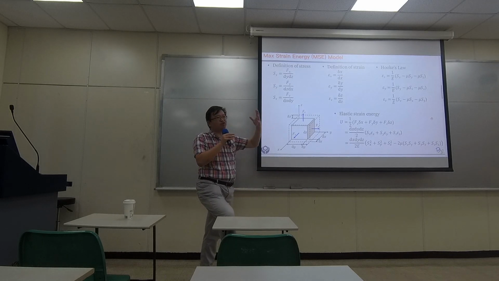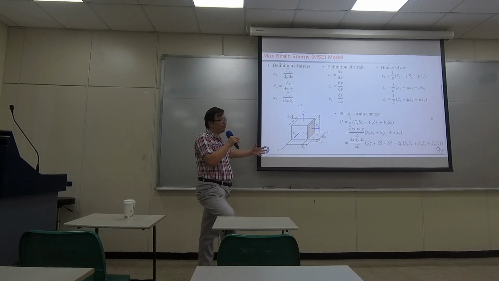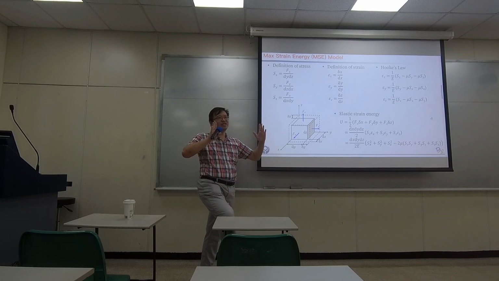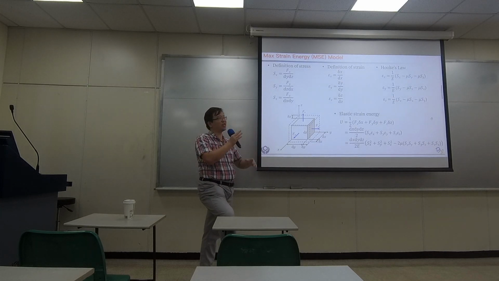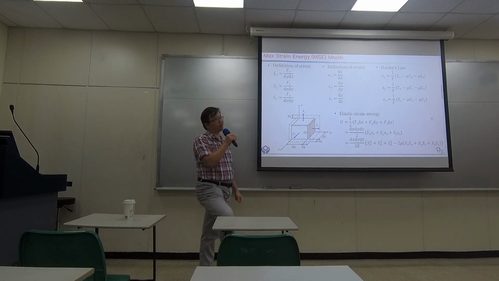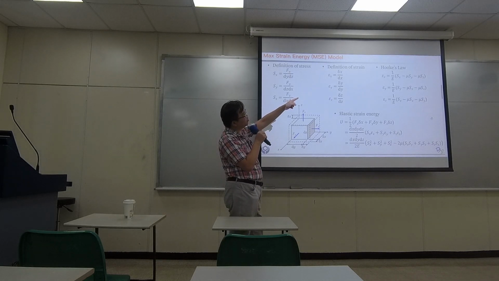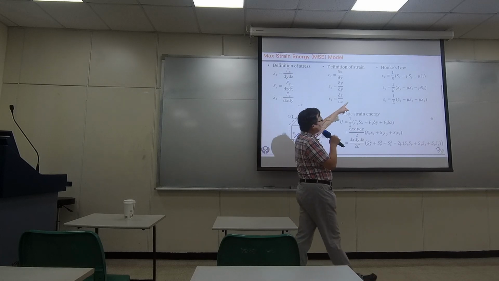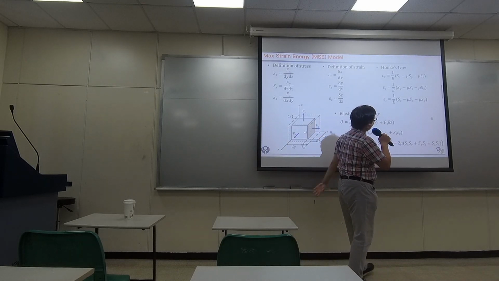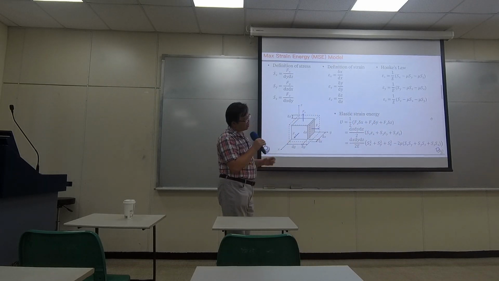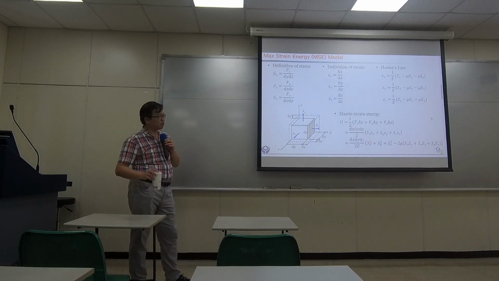That's usual material behavior, so we treat this kind of horizontal shrinkage as positive Poisson ratio. Okay? Now, similar to the first equation for Hooke's law, you can have the second and the third equation. It's basically the same equation.